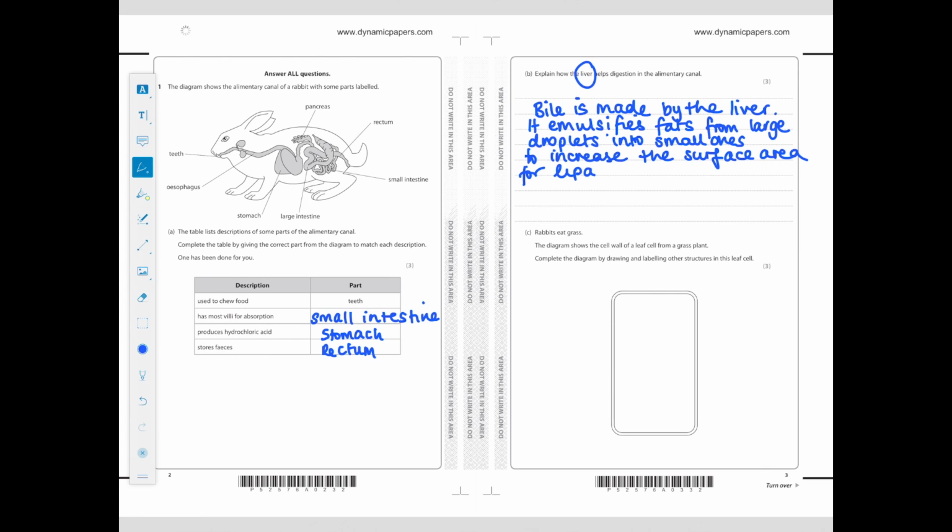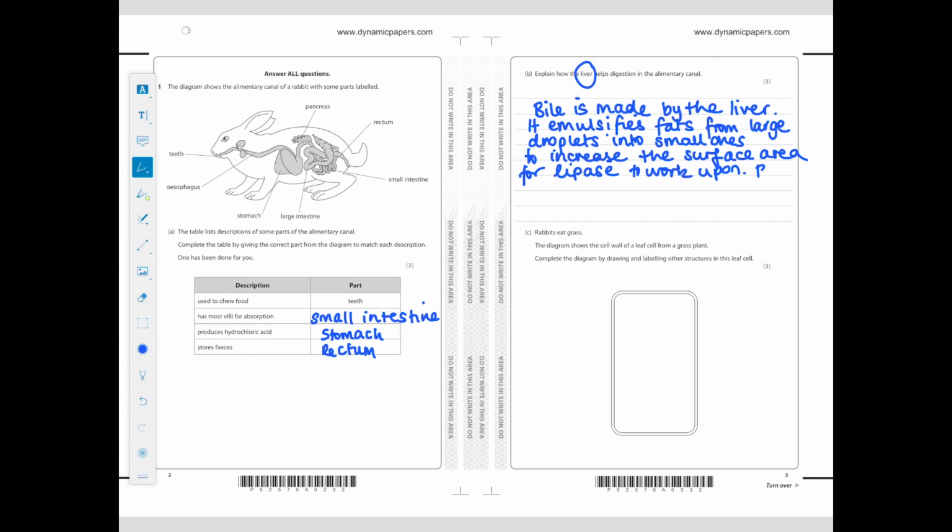And remember that lipase is an enzyme. The second role is that bile also neutralizes hydrochloric acid to make sure that the pH is appropriate for the enzymes found inside the small intestine.